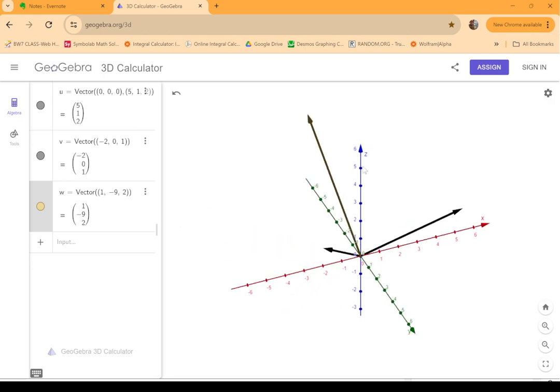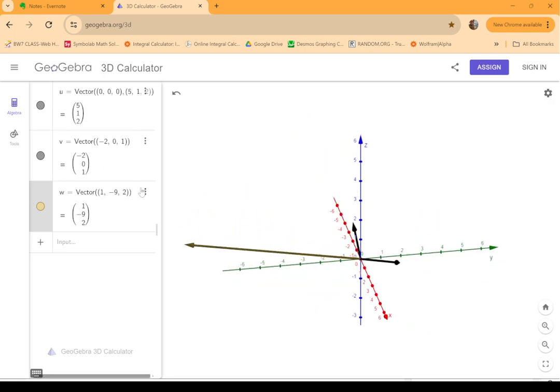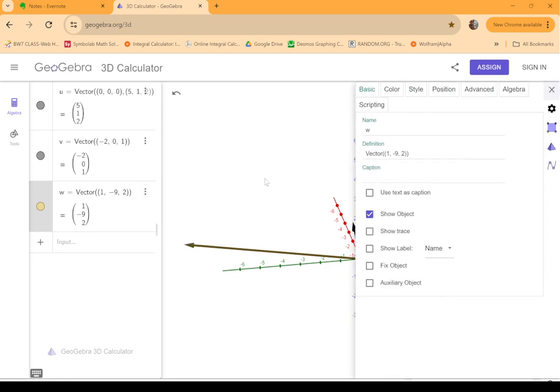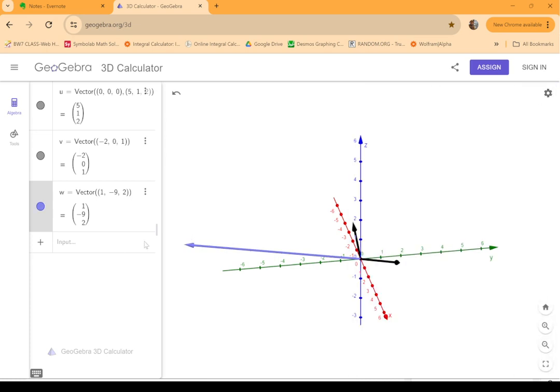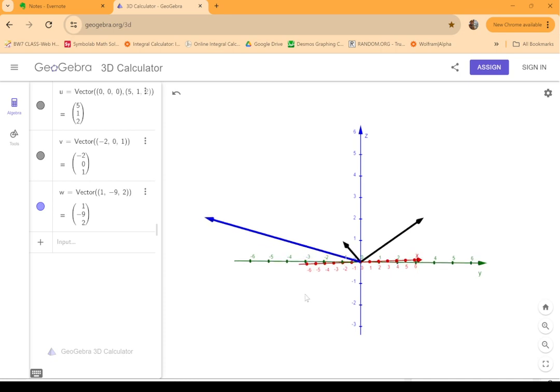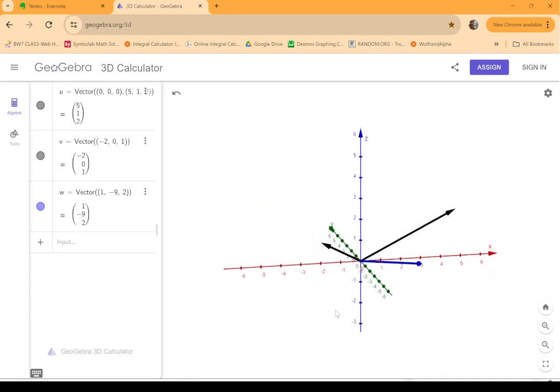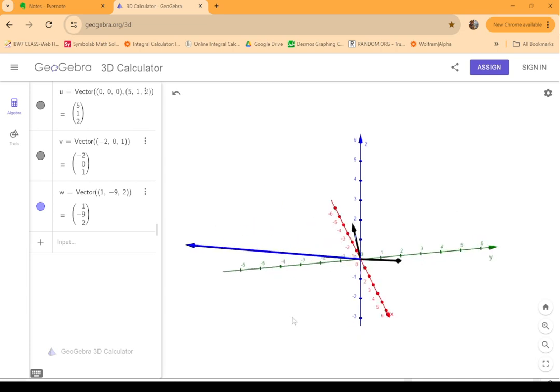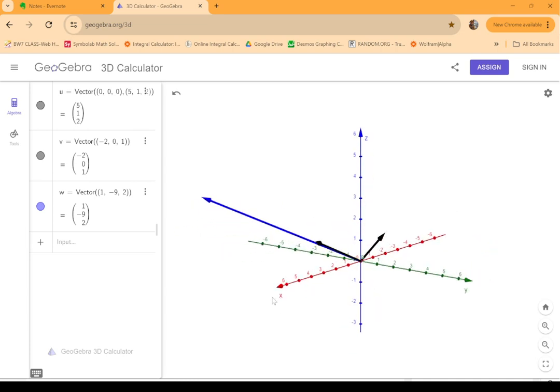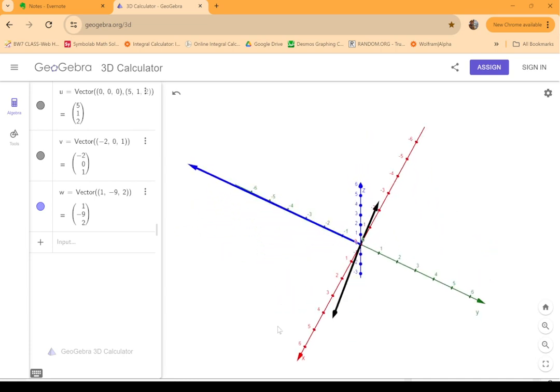All right. That's not enough contrast there. Hold on a second. Okay, so now you can see that if you take the dot product of either of those two black vectors with that blue vector, you get 0.